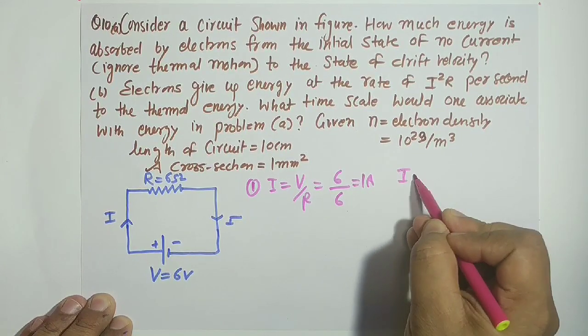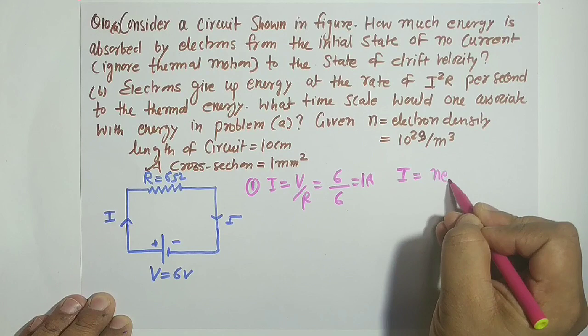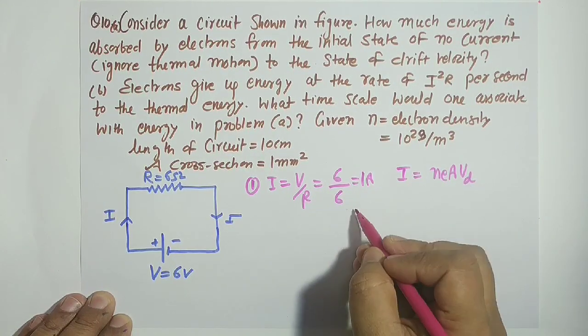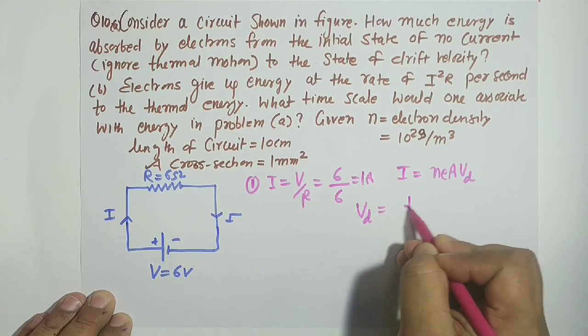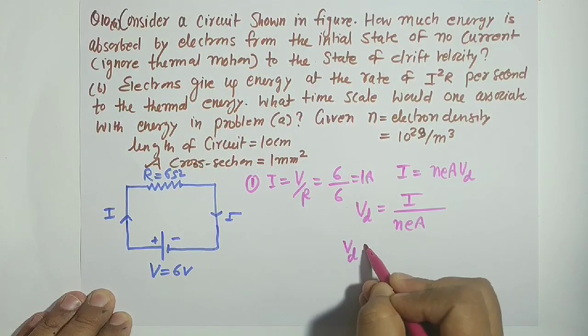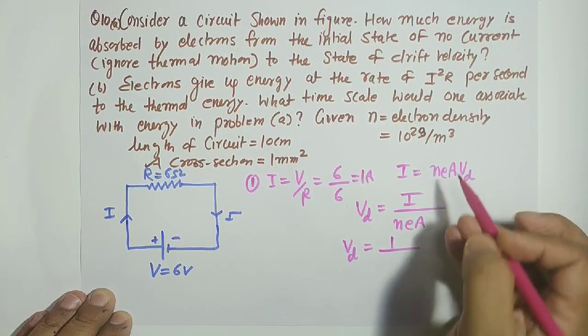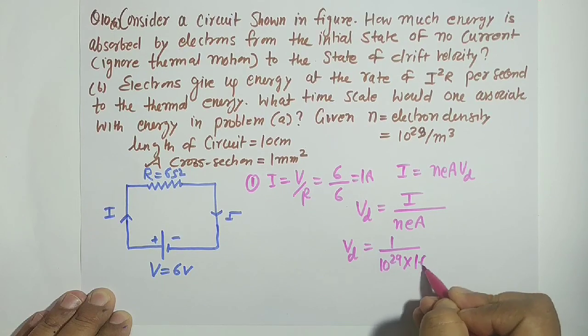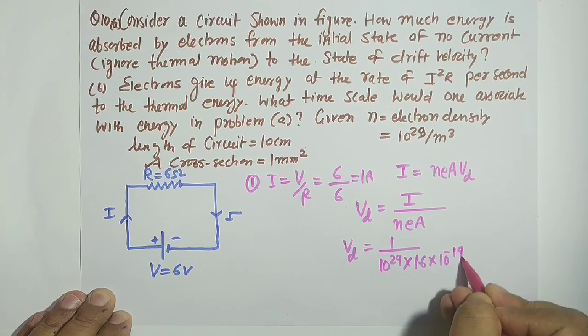And I think all of you know what is I? I is NeAvd. We need a kinetic energy, so we need a drift velocity. So drift velocity will be what? I by NeA. Okay, can we put what is I? I is 1. What is N? N is 10 to the power 29. What is e? 1.6 into 10 to the power minus 19.